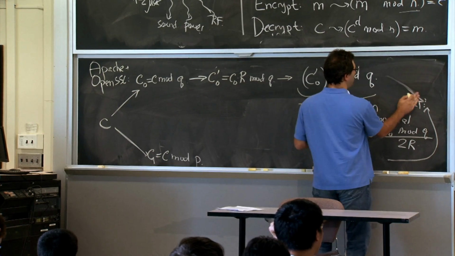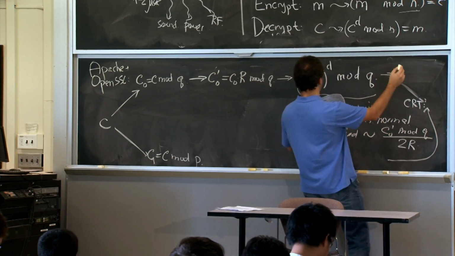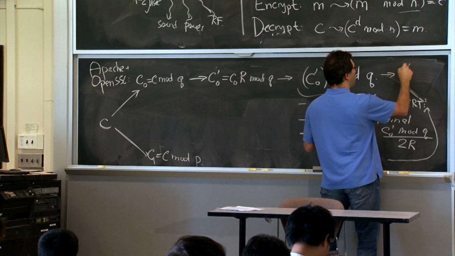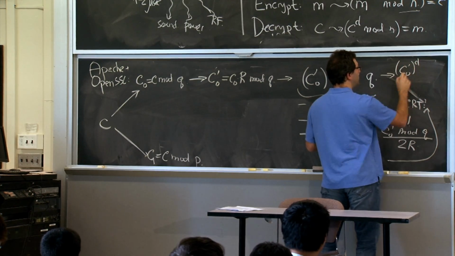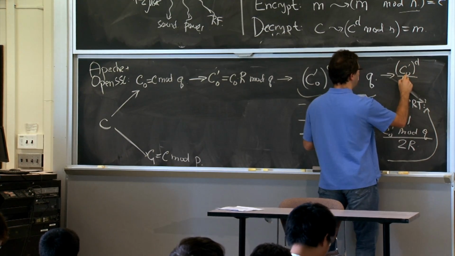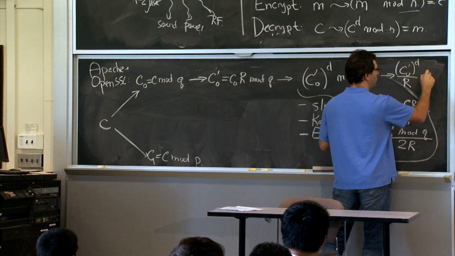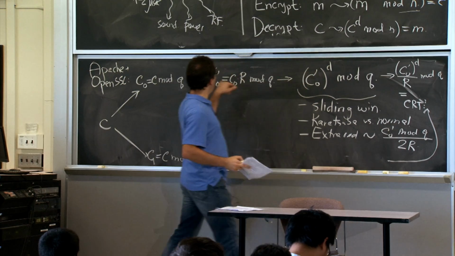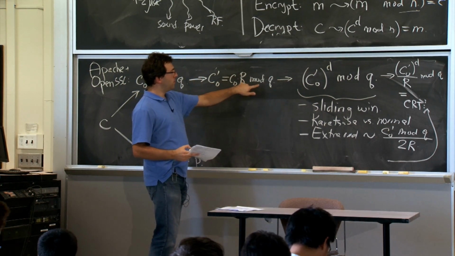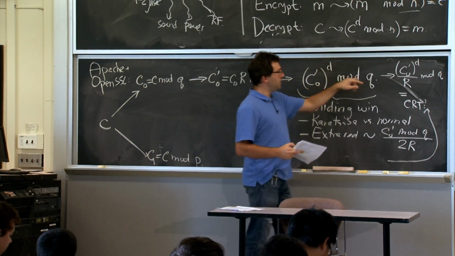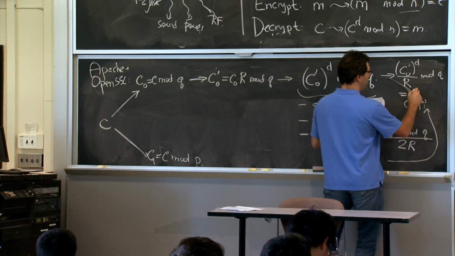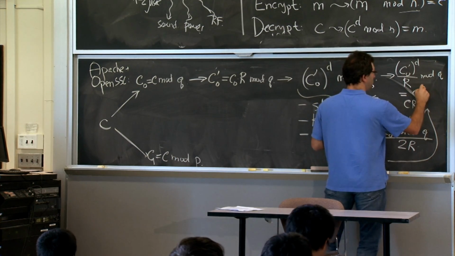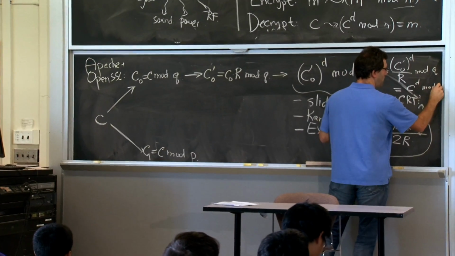So first we're going to get C0 prime to the d divided by r mod q. And because C0 prime was C0 times r mod q, if we do this, then we're going to get back out our value of c to the d mod q.